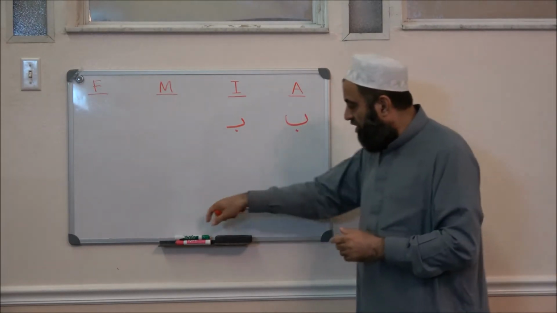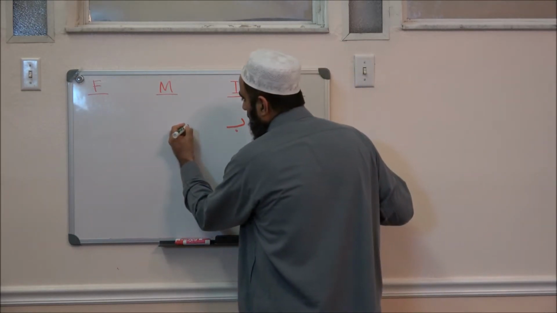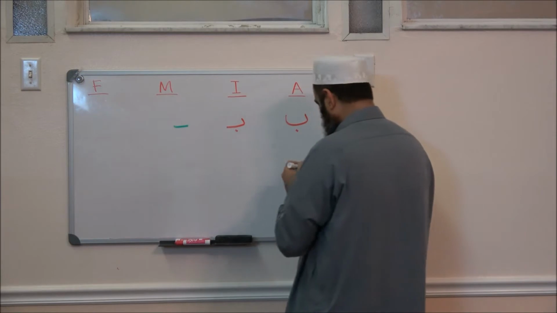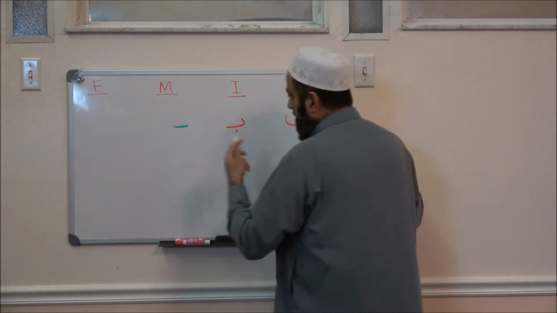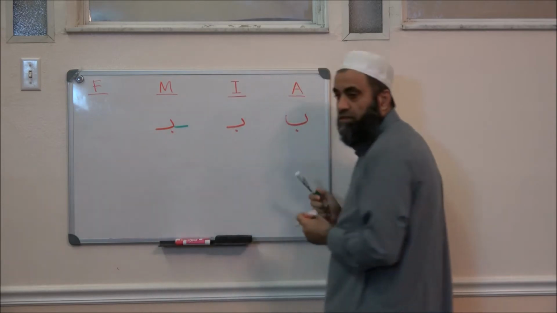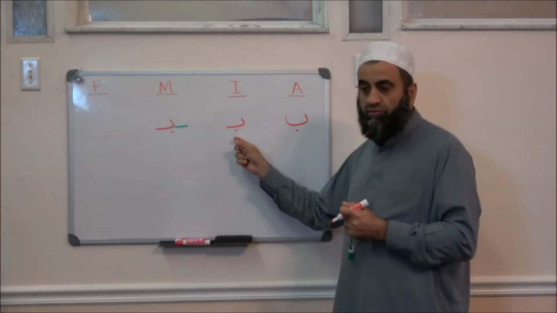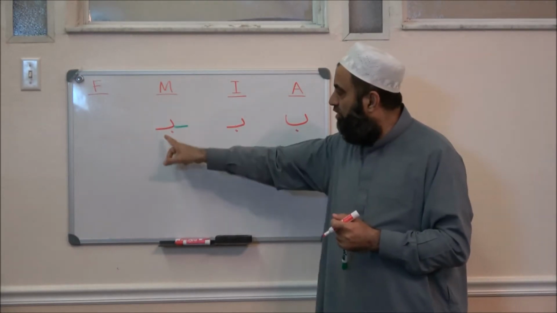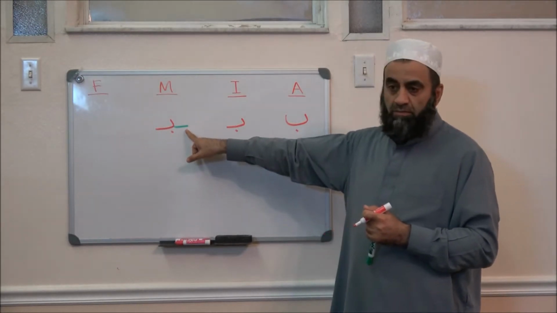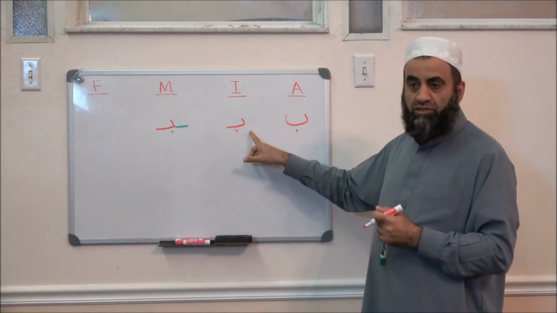Now if I use the color code, if I extend a wire before this, this becomes the middle form, which I got from the initial form. So notice that the middle form is just made by adding a wire before the initial form.